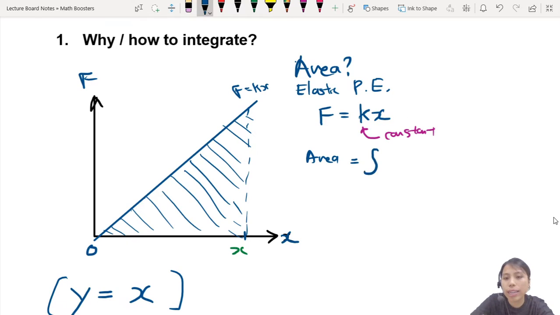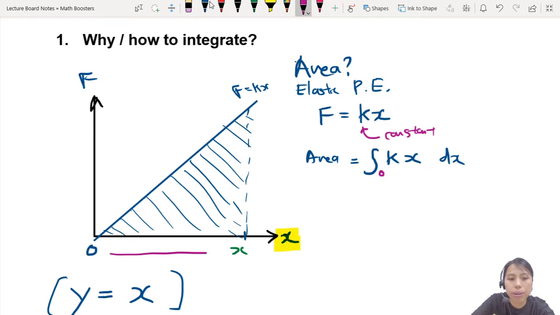So I need to integrate kx with respect to the x-axis, so kx dx. And you're integrating from 0 to green x. That's what we call the limits. So from 0, the area, all the way until where you want to find the area, the big X.